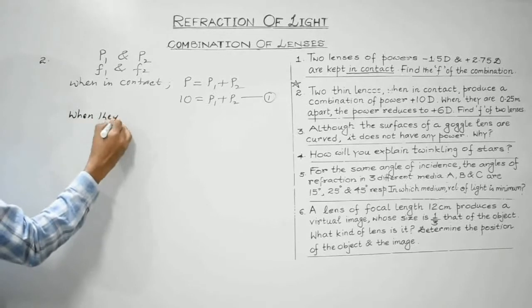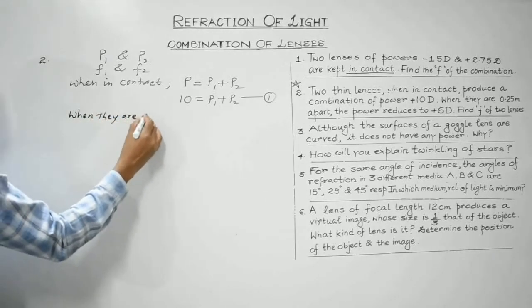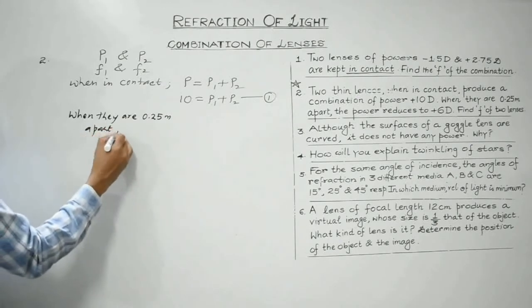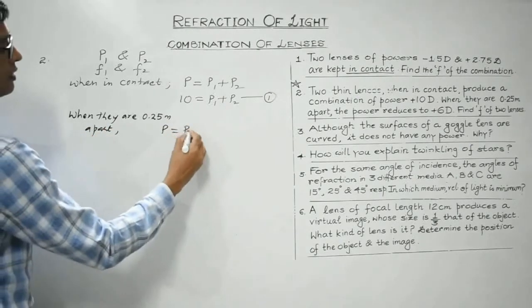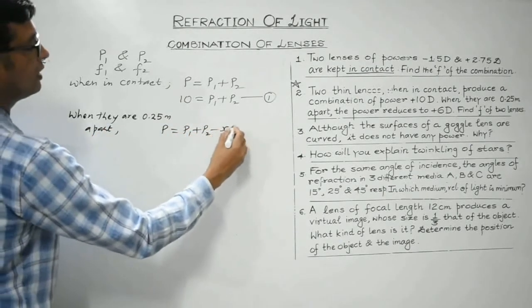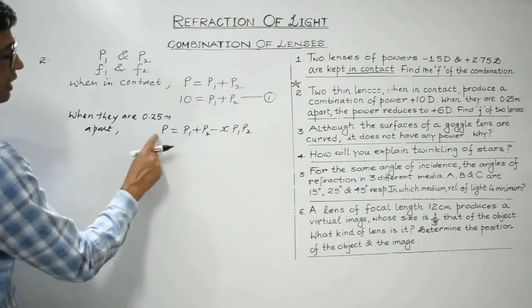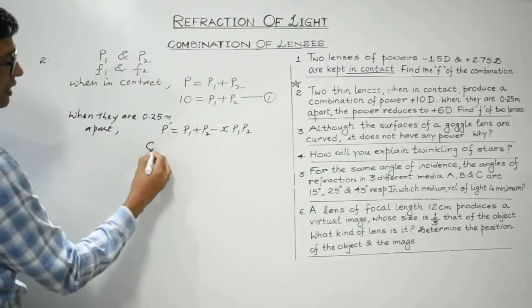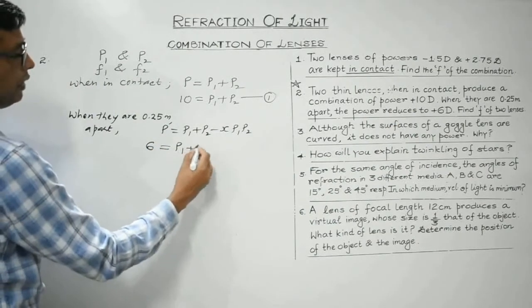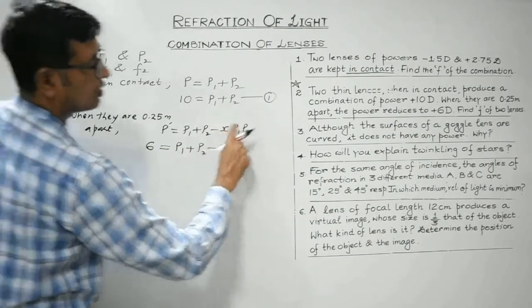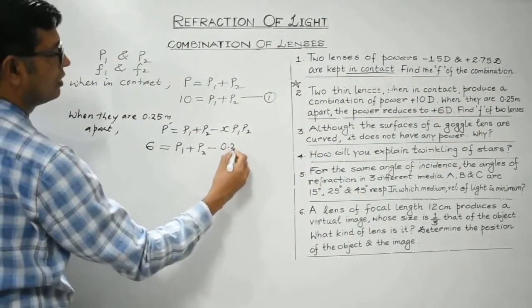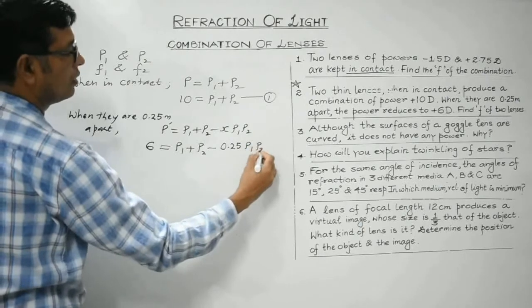When they are 0.25 meter apart, what's the formula for the power? It is P1 plus P2 minus X P1 P2. And then the resultant power is given to be 6 diopter. So 6 is equal to P1 plus P2 minus, what's the separation between the two lenses? That is 0.25, P1 P2.